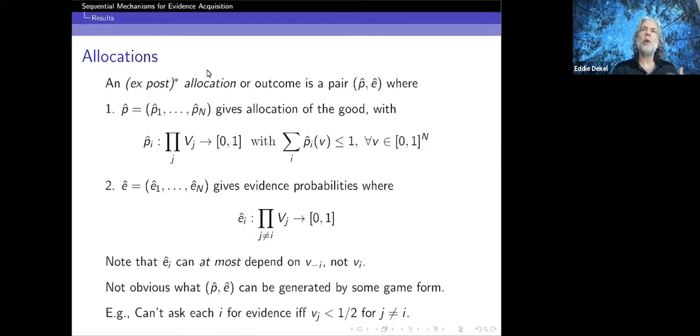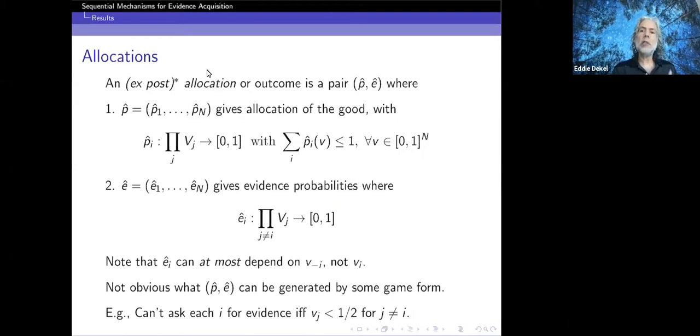There is no game form which would enable that. Because if I want to ask person 1 only when 2's value is less than a half, then I have to ask 2 first. If I want to ask 2 only when 1's value is less than a half, I have to ask 1 first. I can't ask both 1 and 2 first. So there's no game form which would generate that ex post function.